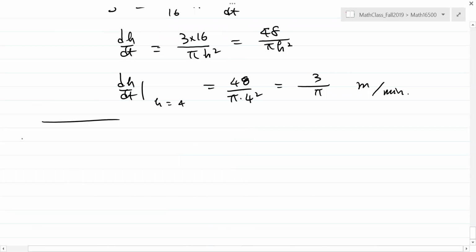So let's do one more problem. Let's consider just a rectangle.